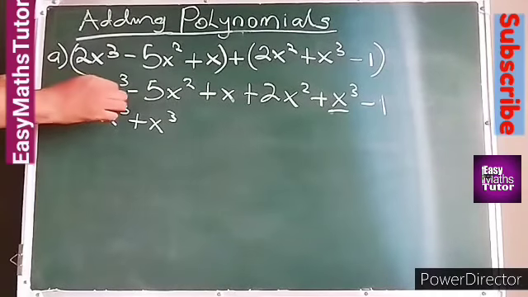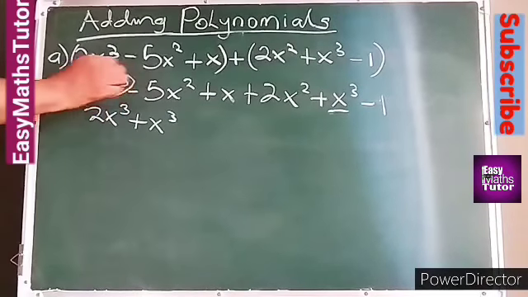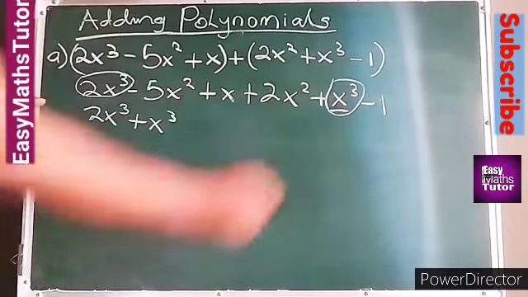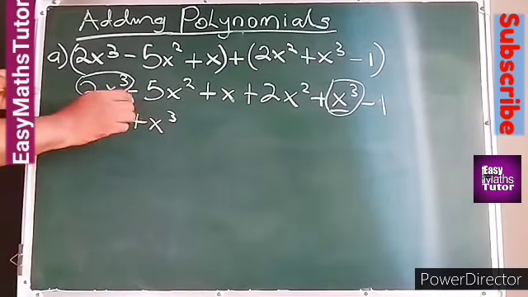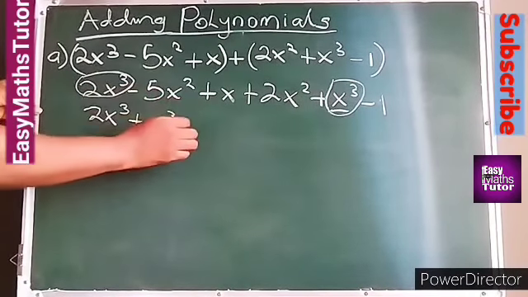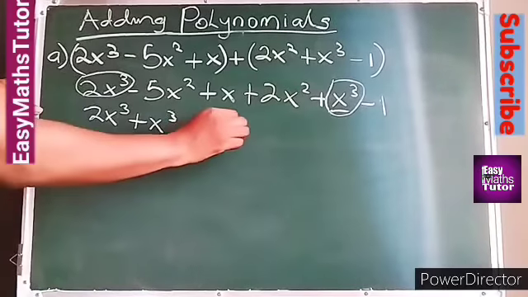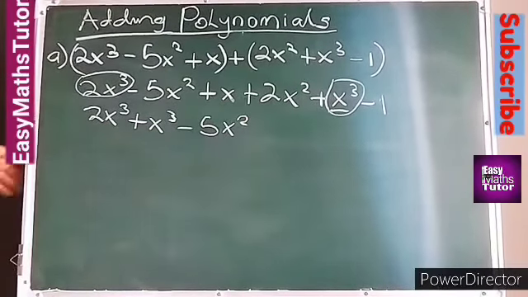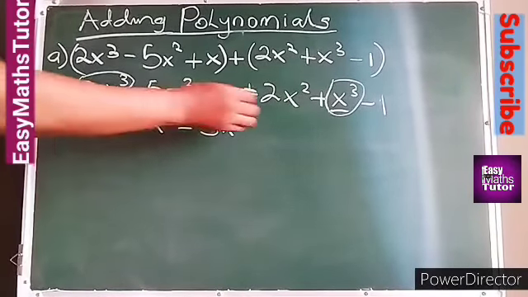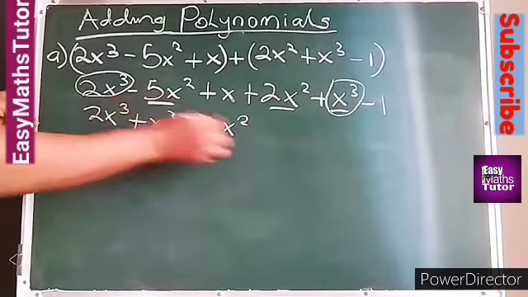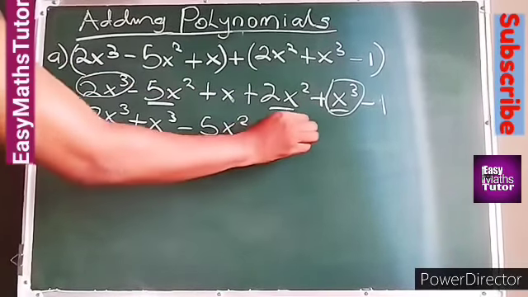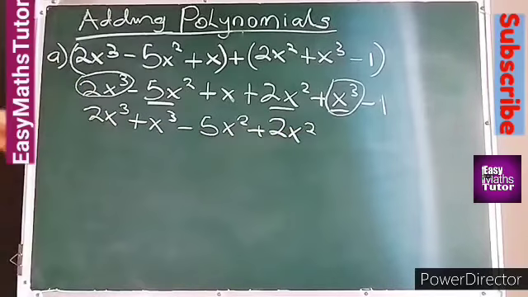Alright, so we've arranged this one. The next one is what? Minus 5x squared. So we say minus 5x squared. Which other term has x squared? This one, right? So we say plus 2x squared.